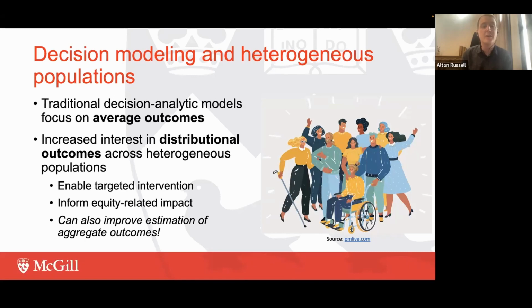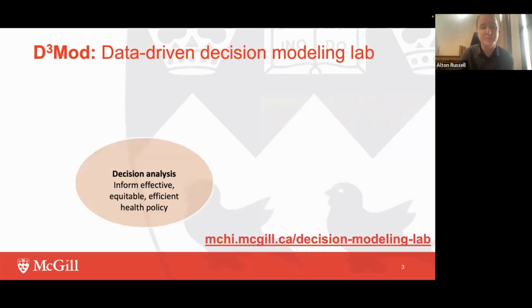And another byproduct of this is that when you do a better job of modeling the distributional outcomes or heterogeneity in outcomes, it can also improve estimation of the overall outcome. So you end up achieving the original goal almost without even meaning to.